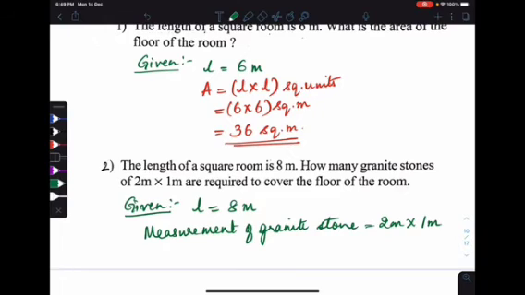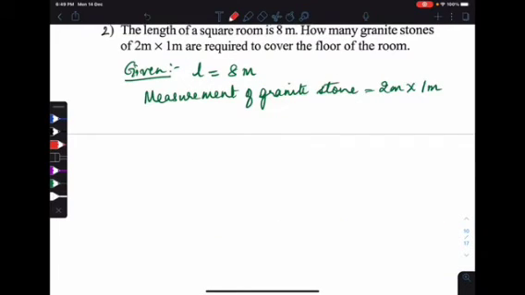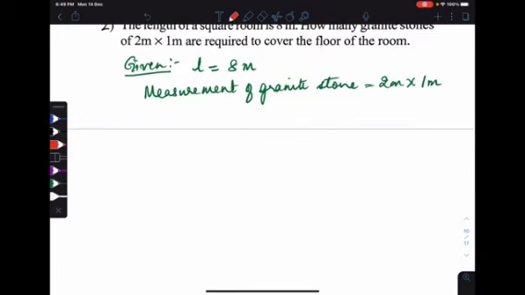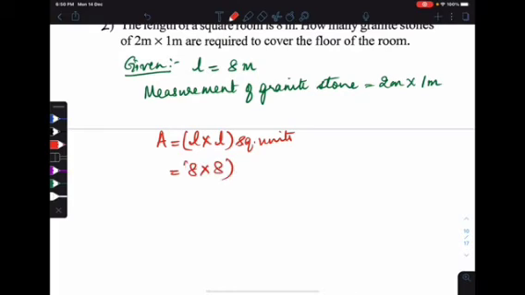Now for the calculation part, children. Now we need to find the area of the room. So area of the room is nothing but L into L square units, which is equal to 8 into 8 square meters, which is equal to 64 square meters.